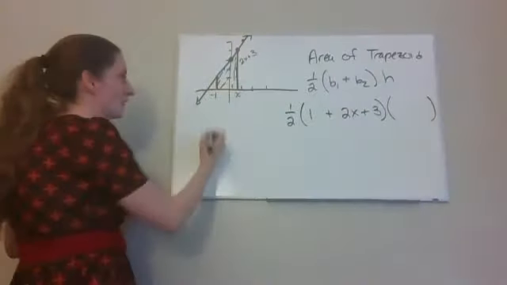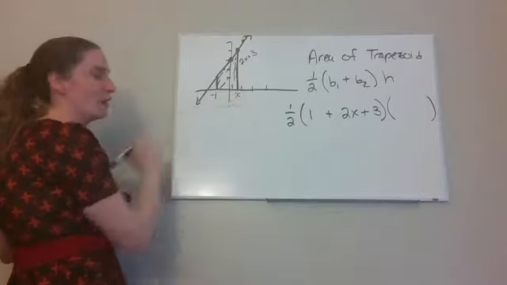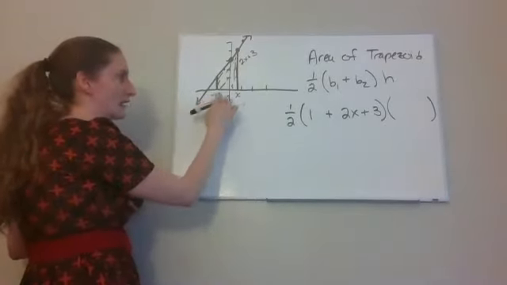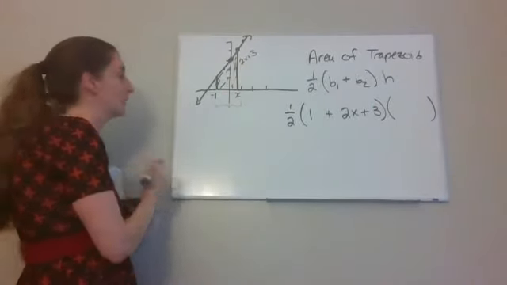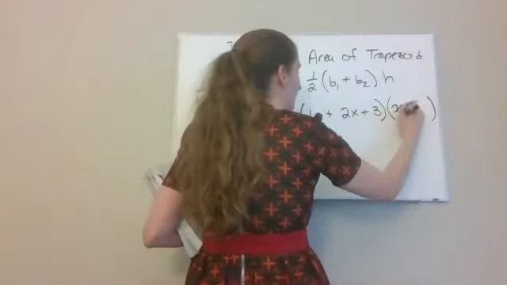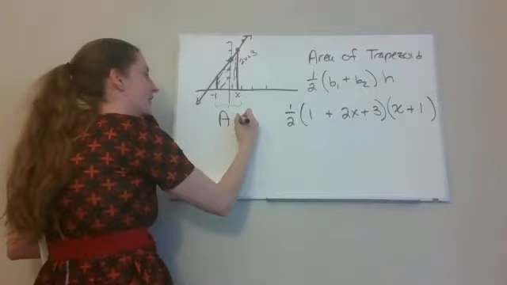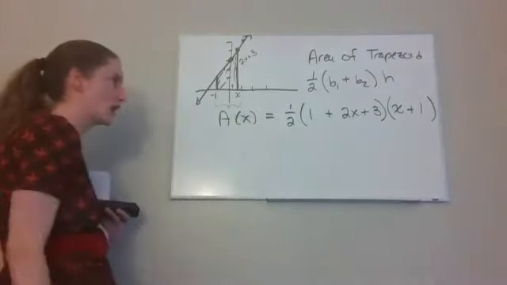Now the height of this trapezoid is this distance here between my -1 and my x. Well, that's a distance of 1 to get from -1 to 0, and then the distance of x to get up to x. So I have a distance of x plus 1. This is my area function, just using basic geometry.